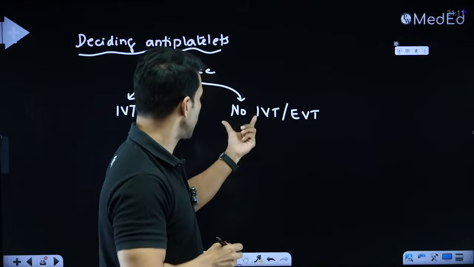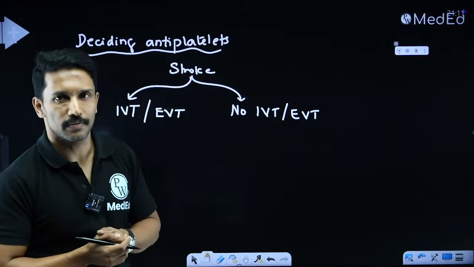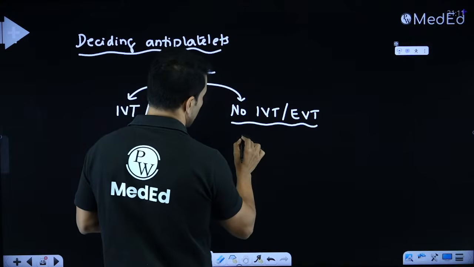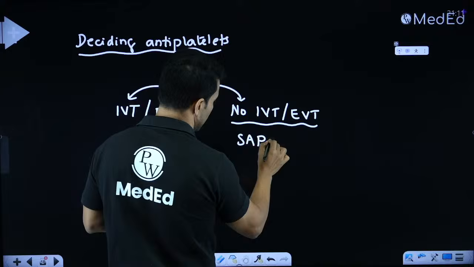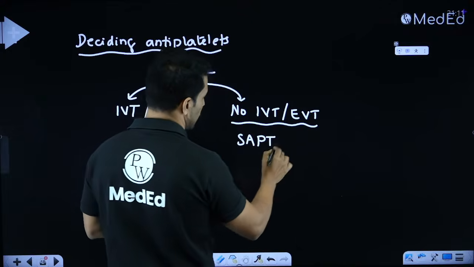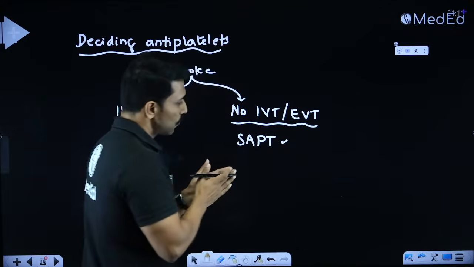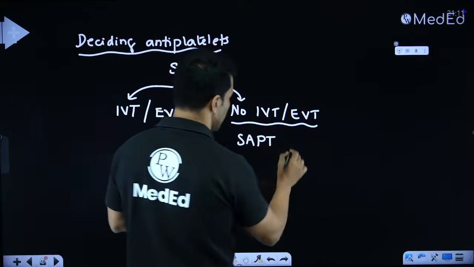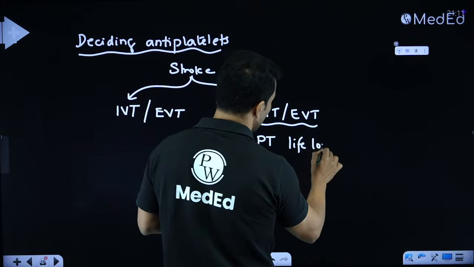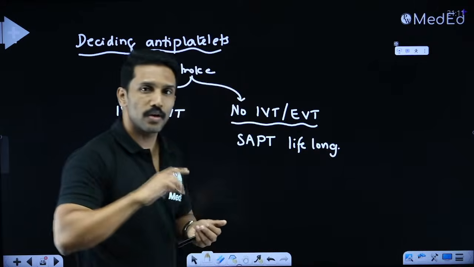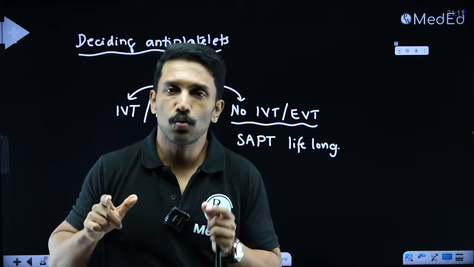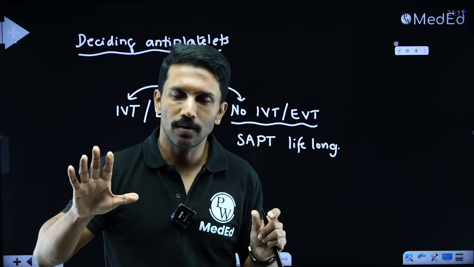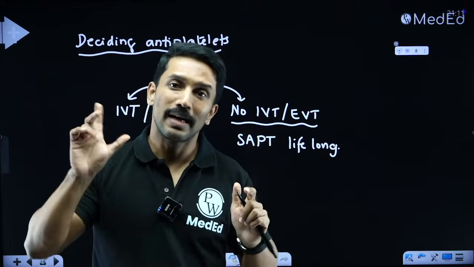So in such patients where neither IVT nor EVT is being done, you can certainly go ahead with single antiplatelet therapy. You start with aspirin and you continue it for life. Remember, dual antiplatelet therapy is only considered for patients who had minor stroke with no disabling symptoms, or we had considered it for TIA patients.